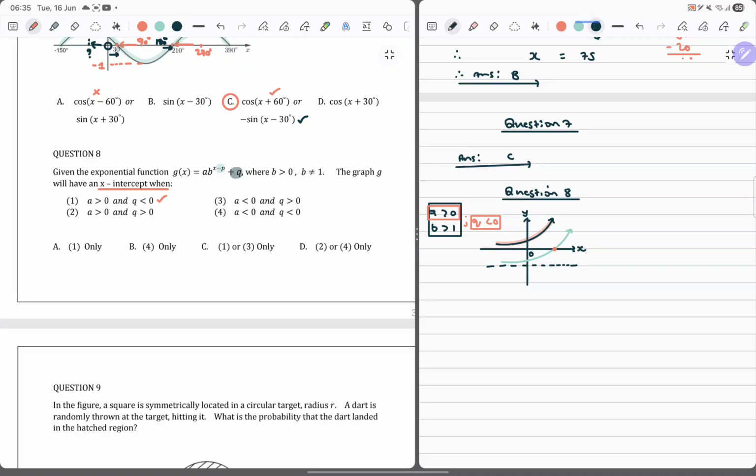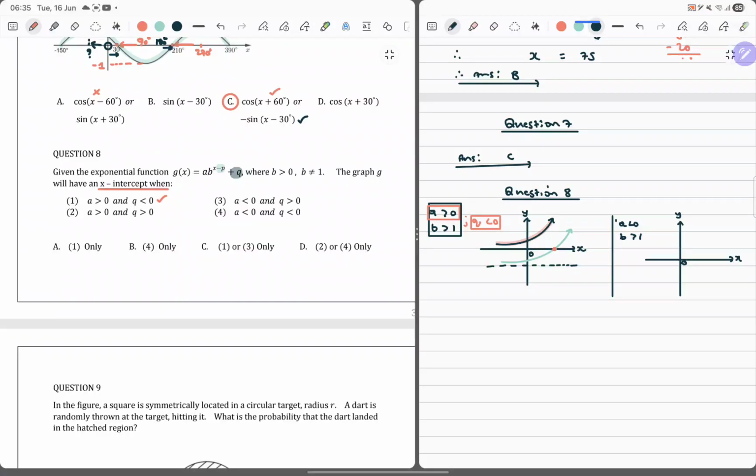But now there's more options to consider, folks. We can also look at a scenario where the graph is somewhat changed a bit. So this is x, this is y, this is the origin. Now what happens when a is less than 0, but b is greater than 1?